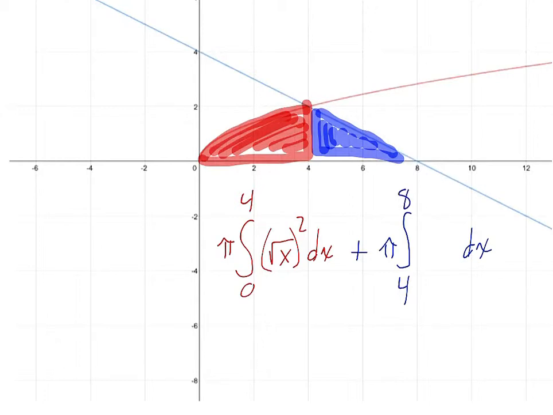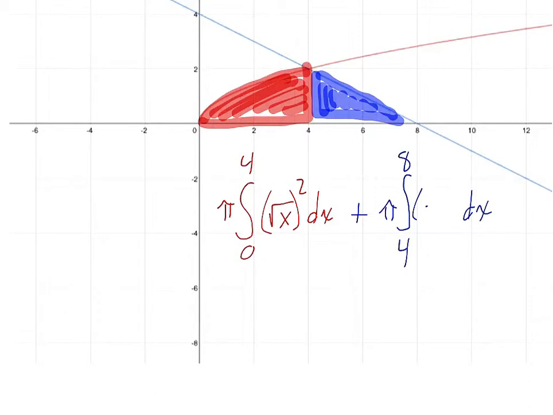And the radius of that disk is defined by the second function, so it is negative 1/2 x plus 4, and that gets squared, pi r squared.